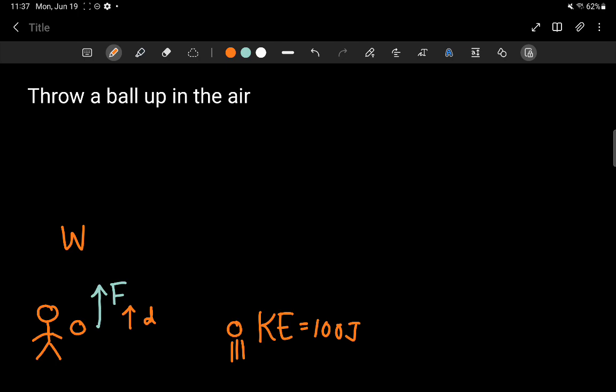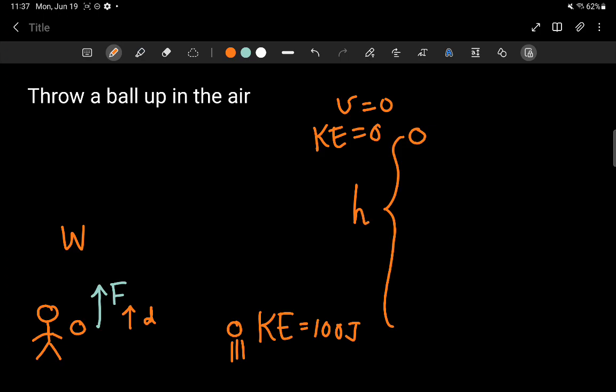So what it does is it travels up and gets to some highest place. And when it gets there, the velocity is equal to 0. What this means is that the kinetic energy is equal to 0, right? So it has no kinetic energy, but what it does have is some height.